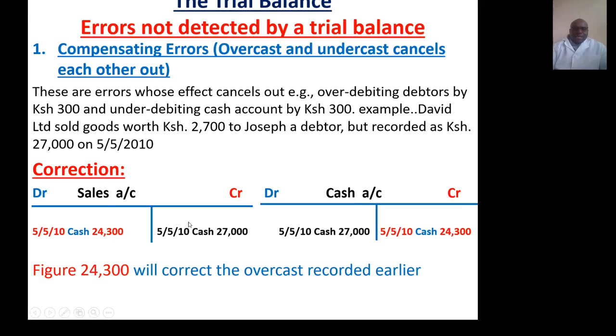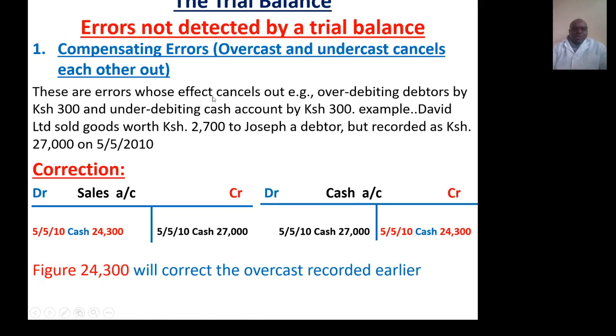Compensating errors involves overcast or undercasting transactions or recording. These cancel each other out, but when you detect them, you correct them accordingly.